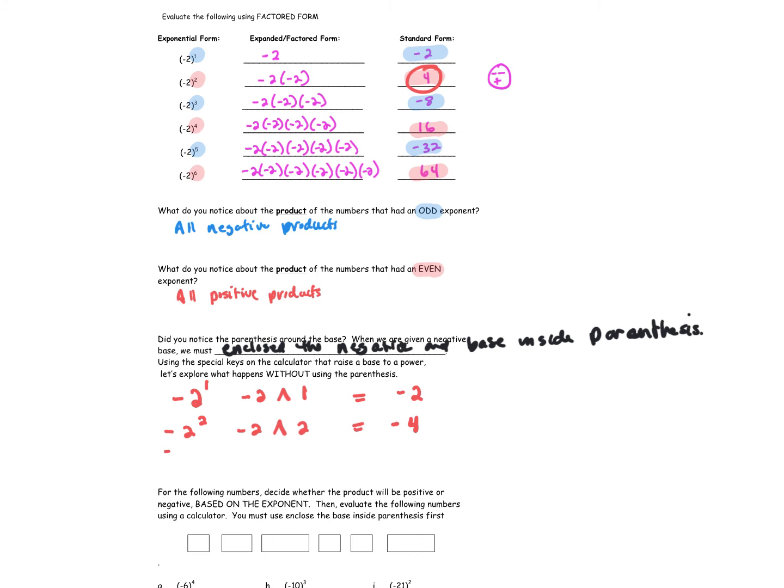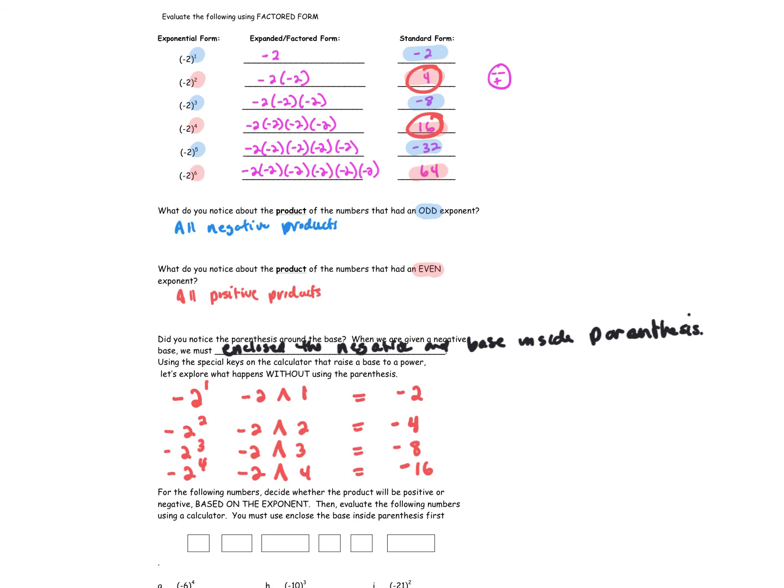Take -2 raised to the 3rd power, and you get back -8. Now -2 raised to the 4th power, your calculator will say -16, and we should have gotten +16 when we put it in expanded form.